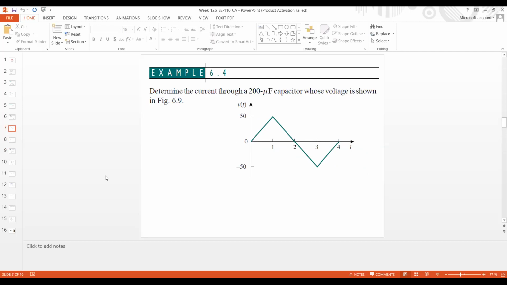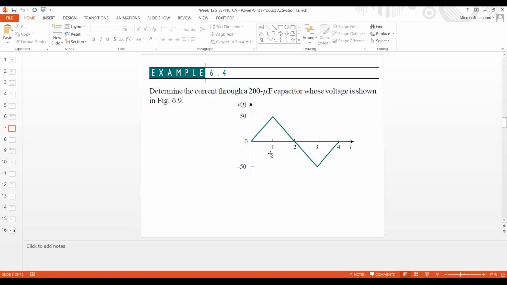So the idea is to calculate the equation of line between different durations and then use the formula of current if voltage is given, or the formula of voltage if current is given, to find the required output waveform. So in this example we are given the waveform of voltage.